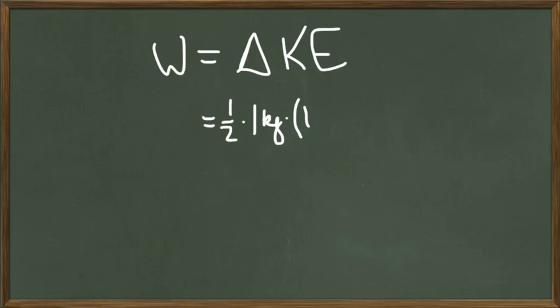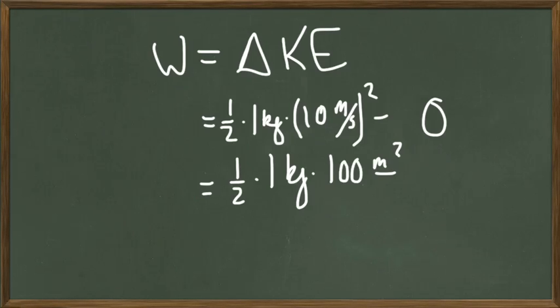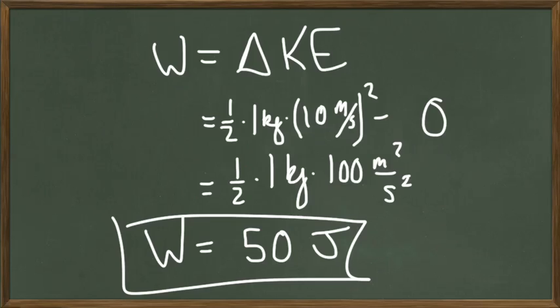So, the final kinetic energy of the car after it's reached 10 meters per second is 1/2 times 1 kilogram times (10 meters per second) squared, minus the initial kinetic energy, which is 0. So the change in kinetic energy of the car is 50 joules. That's 100 times 1 divided by 2. So the work it requires to accelerate the car from 0 to 10 meters per second is 50 joules.